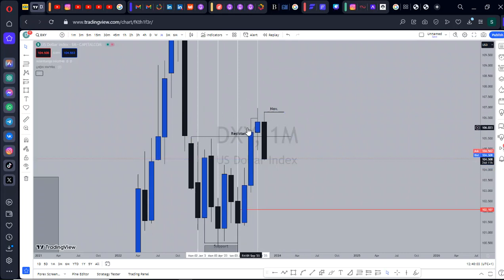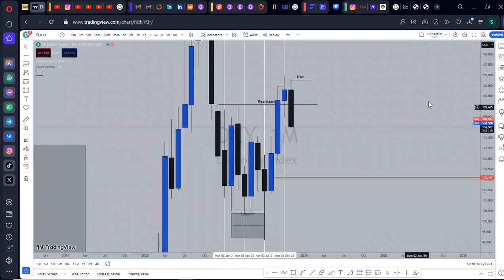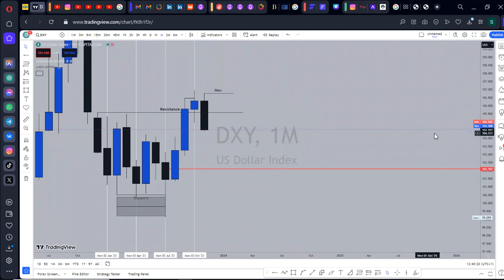And since this is an area of resistance that was broken, and this is the higher time frame, that means there is tons of liquidity above right here, in which the algorithm has to take those orders and then deliver and sell to those people who are willing to buy at this breakout. So that is a nice one.